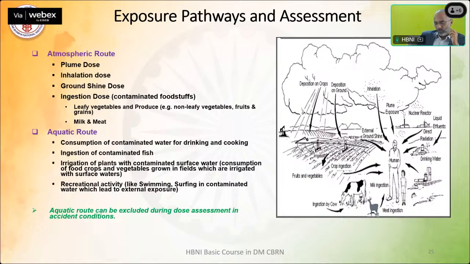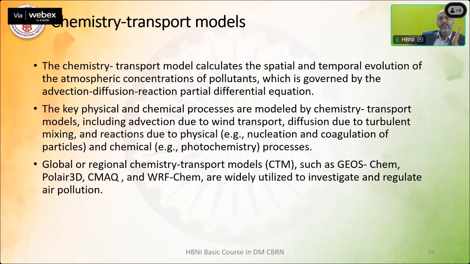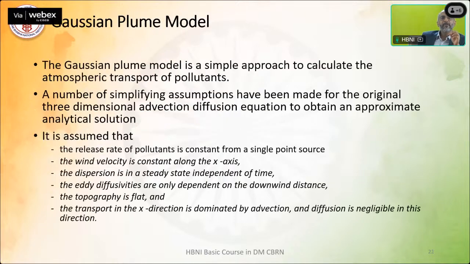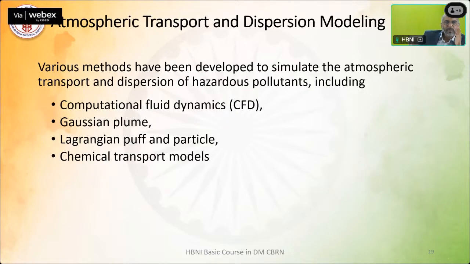So far, we have seen the different types of models that are available, from computational fluid dynamics, Gaussian plume, Lagrangian particulate, and chemical transport models. We have seen the characteristics of each of these models, and the benefits and limitations of each.